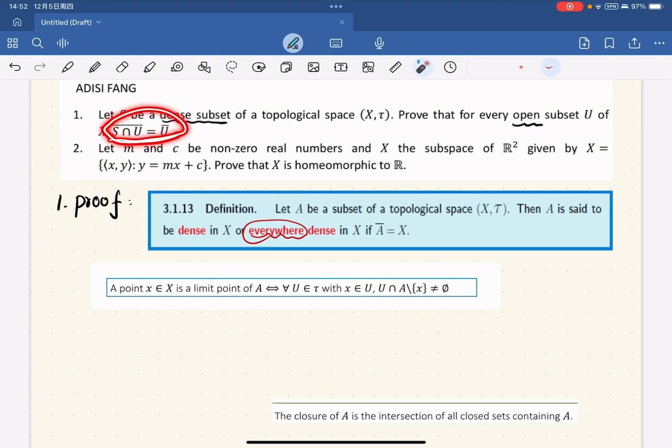To prove that this equality holds, we need to show that the closure of the intersection of S and U is contained within the closure of U, and vice versa. Let's break it down step by step.